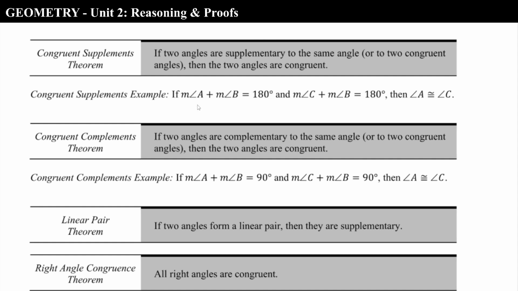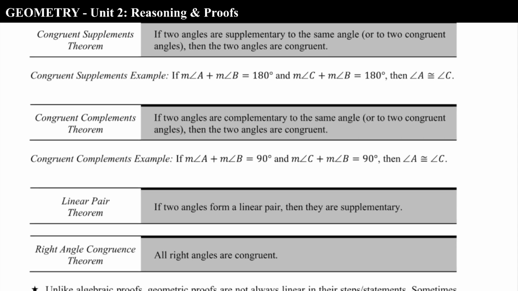If the measure of angle A plus the measure of angle B equals 180, and the measure of angle C plus the measure of angle B equals 180, the only difference here is A and C. So therefore we can say angle A is congruent to angle C. Same thing for complements. If the first two angles equal 90 degrees, and the third and second angle equal 90 degrees, then the first and third angle are congruent. So it works for both of those.